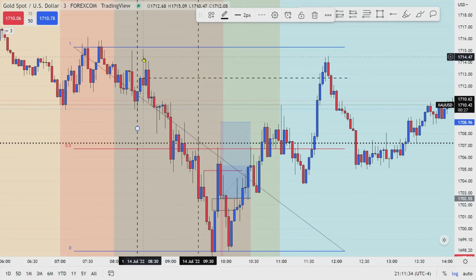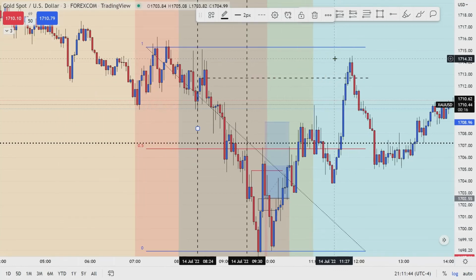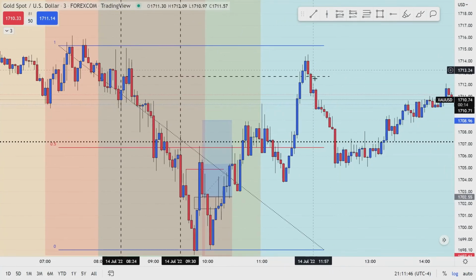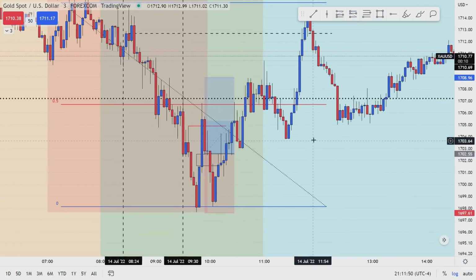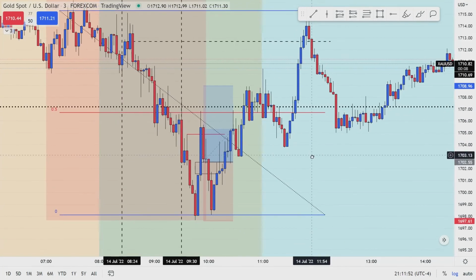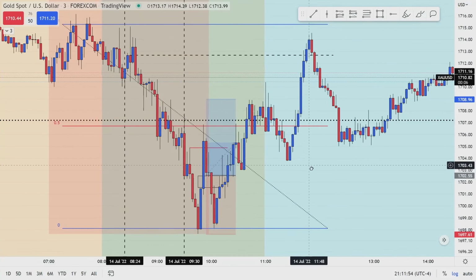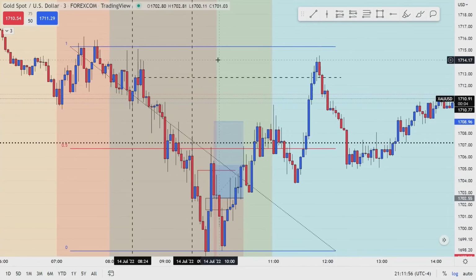Well, actually, this high right here, but it never took it out. It did go back into opening price. Actually went above opening price, meaning that there could have been a sell position up here to potentially see this move down. But from a buy side perspective, it did reach all the way up here.